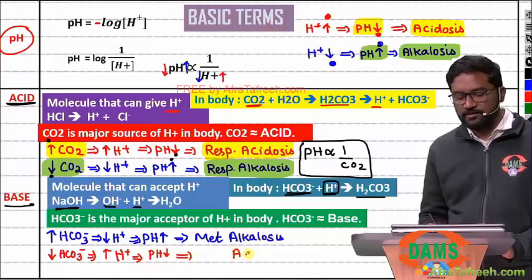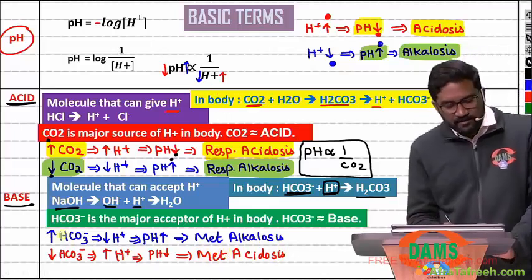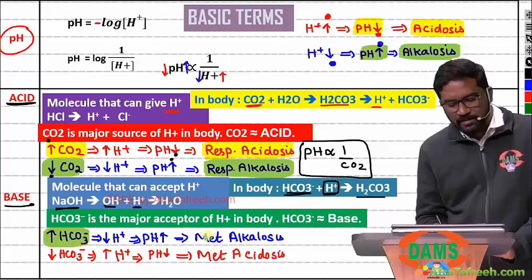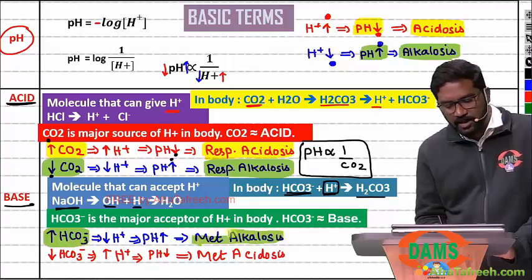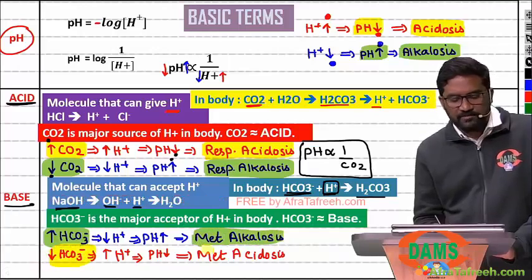This is due to bicarbonate. So it should be called metabolic acidosis. In very simple words, bicarbonate gain is metabolic alkalosis, whereas bicarbonate loss is metabolic acidosis.